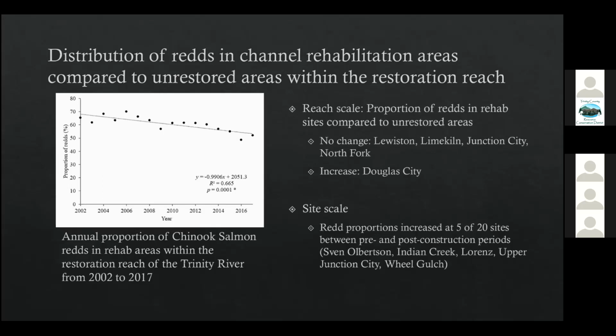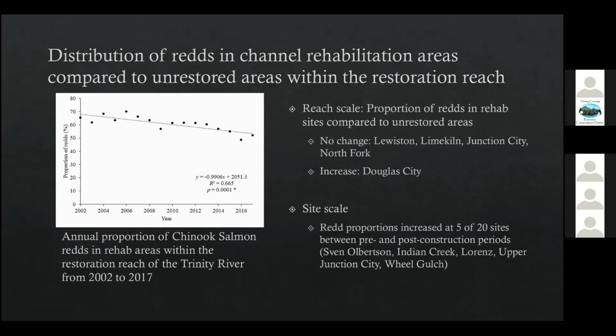The relationship is pretty tight and steady, but at 1% a year, quite gradual. Looking at the reach scale, the proportion of redds in rehab sites compared to unrestored areas, we saw no change in the Lewiston, Limekiln, Junction City, and North Fork reaches, and an increase at Douglas City.